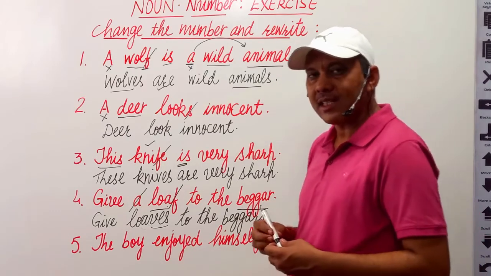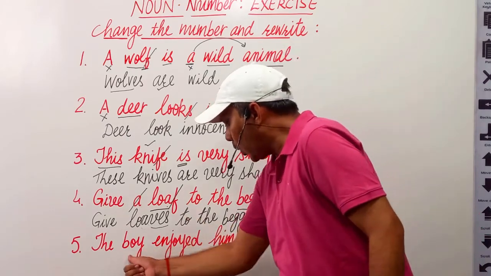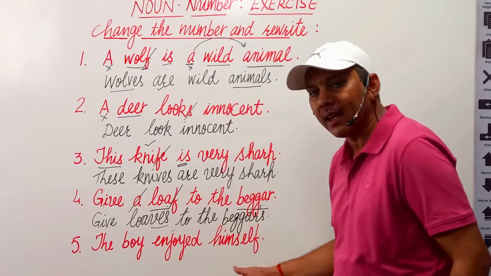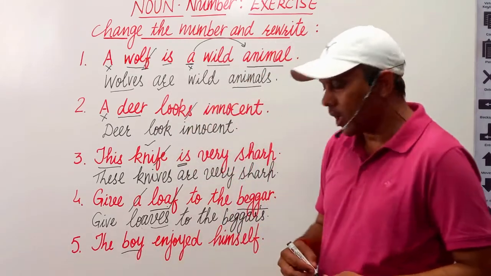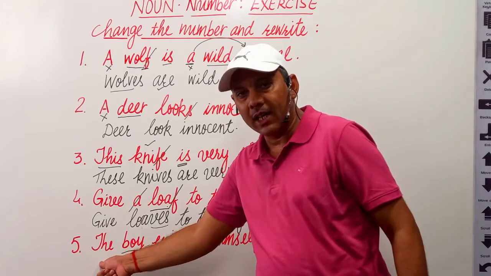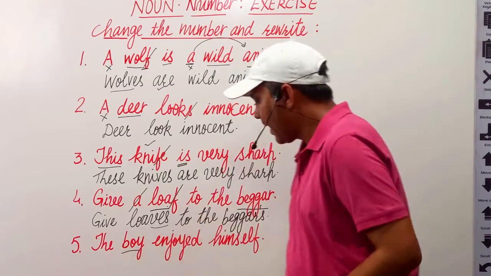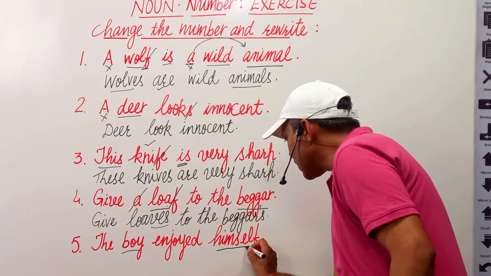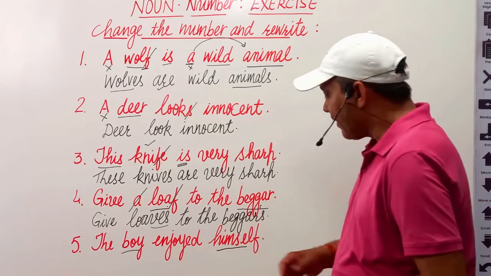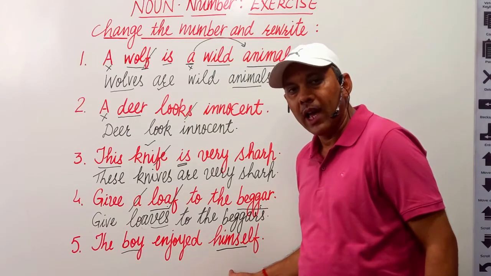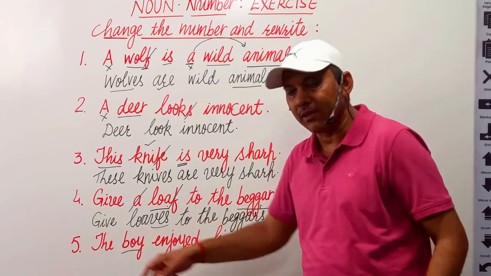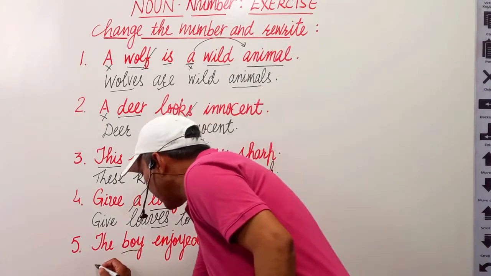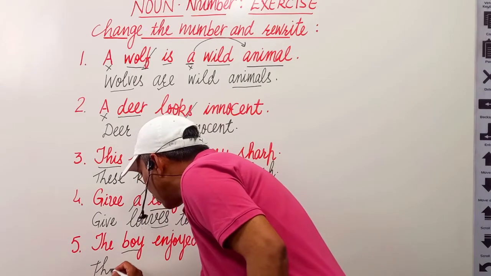And the last sentence in this exercise is, the boy enjoyed himself. Here, boy is a common noun because it is preceded by the article the, and himself is a reflexive pronoun used for the boy himself. So we have to change the boy into plural.